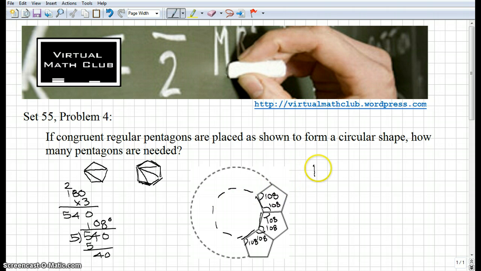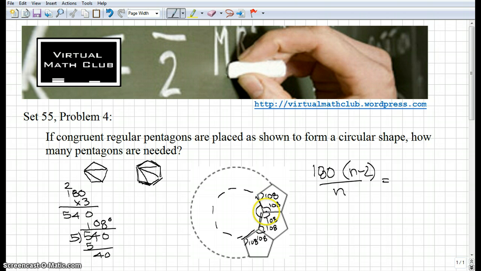If we took 180 degrees for each triangle, times n-2, because we have n sides in this polygon and can break it up into n-2 triangles, and then divide that by the number of sides, because it's going to be a regular polygon, we would get the interior angle.